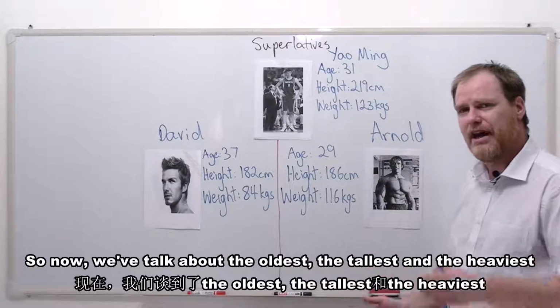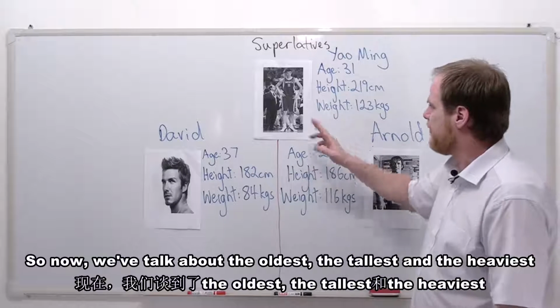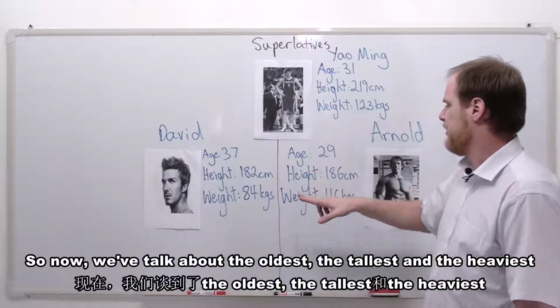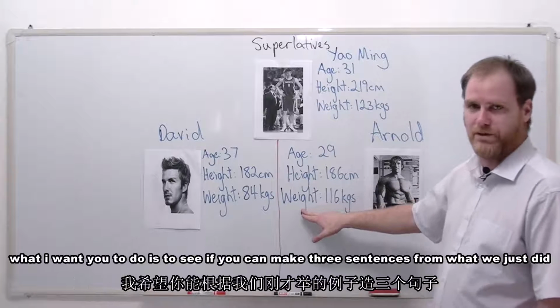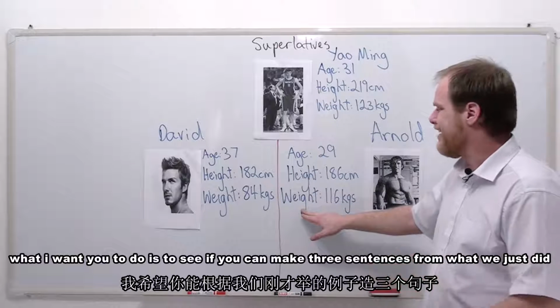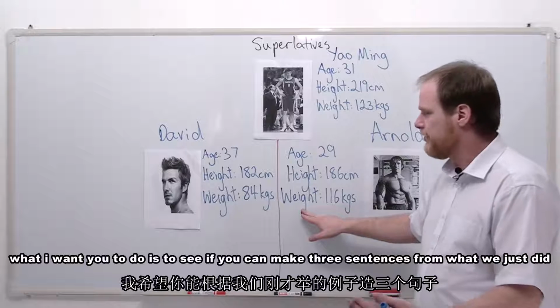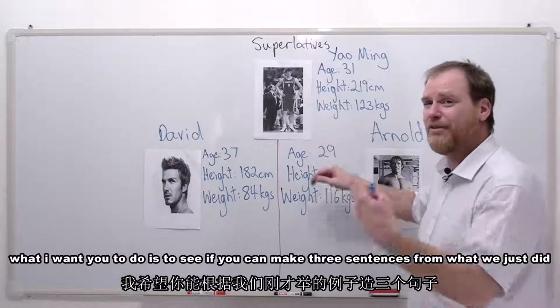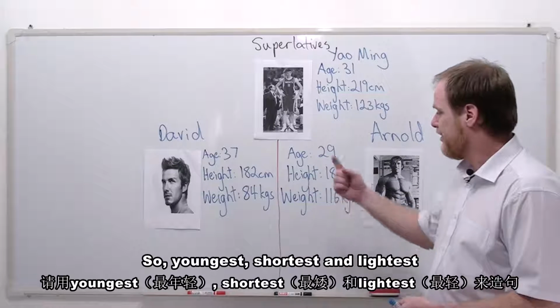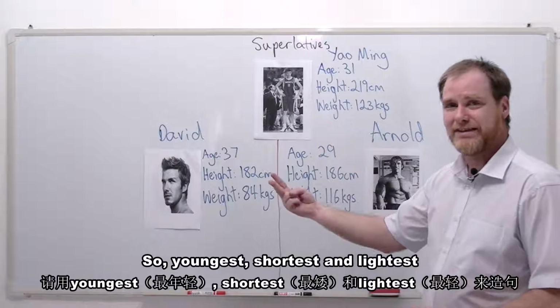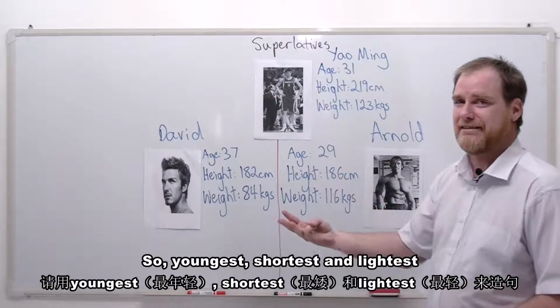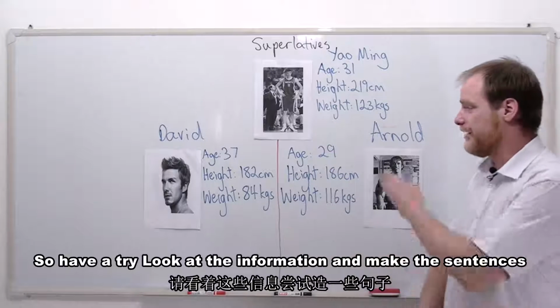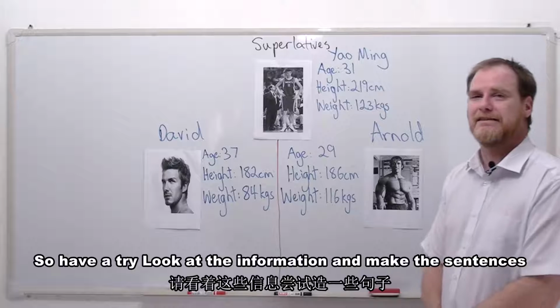Now we've talked about the oldest, the tallest, and the heaviest. What I want you to do is see if you can make three sentences to say the opposite of what we did: youngest, shortest, and lightest. So have a try. Look at the information and make the sentences.